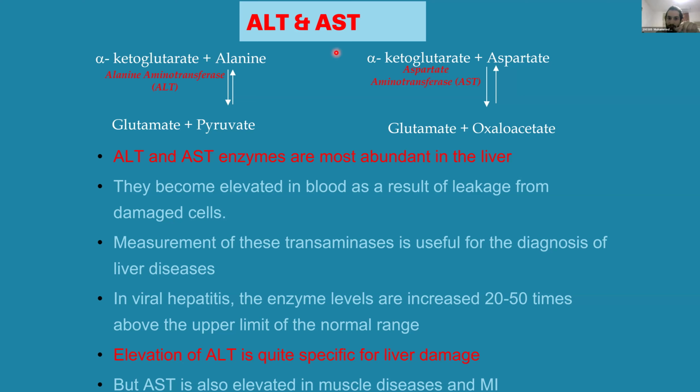Memorize it: L, liver. This is the most specific for liver, but both of them are used for liver testing. Why? Because AST is found in liver and muscle. Muscle is shared with every organ, but ALT is more specific to the liver.